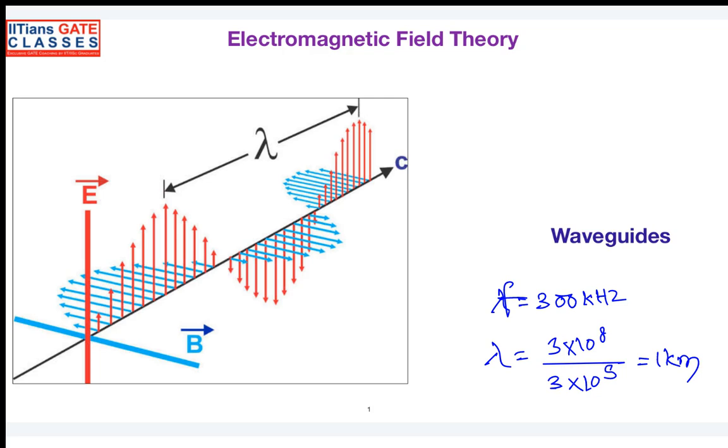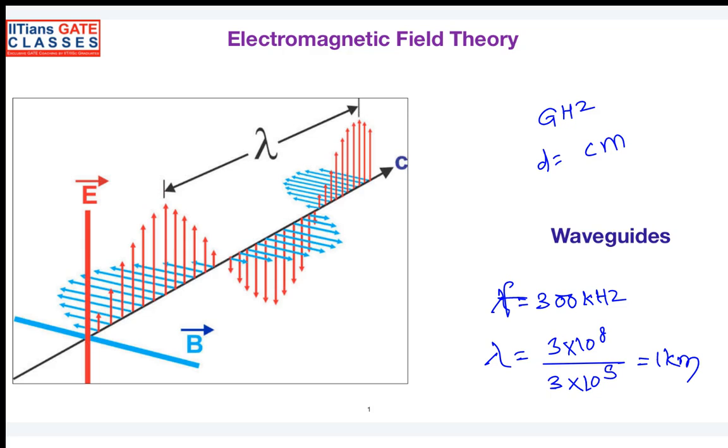Later in our discussion, you can see how the waveguide dimensions are related to the frequency of operation. As of now, we can remember that the dimension of the waveguide is purely a function of the frequency. When you go for the gigahertz frequency, your dimension is going to come in the order of centimeters. So you can easily design the waveguides.